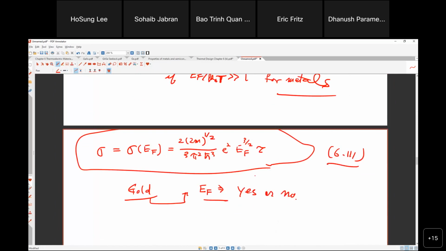So now look at it. This is 5.52 electron volt. And M is the density of state effective mass.